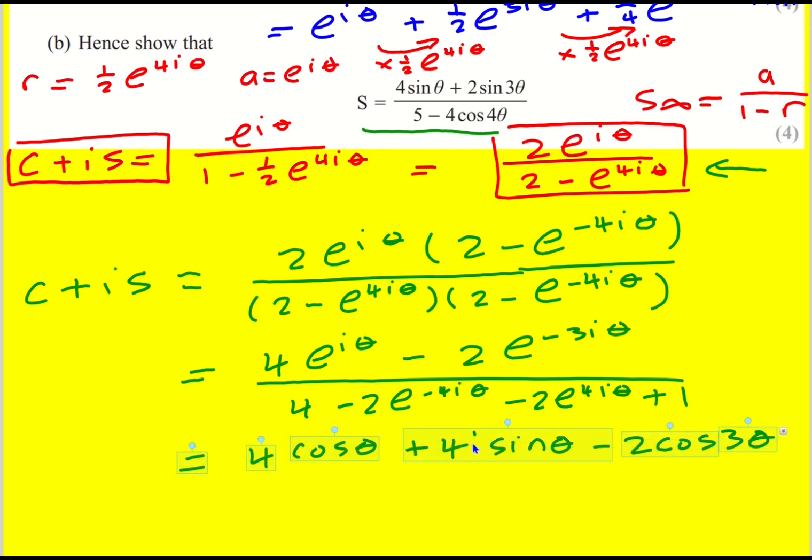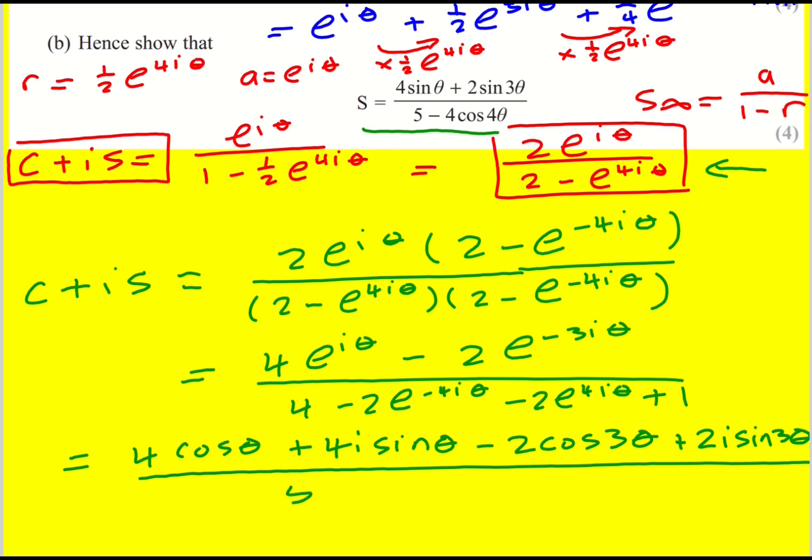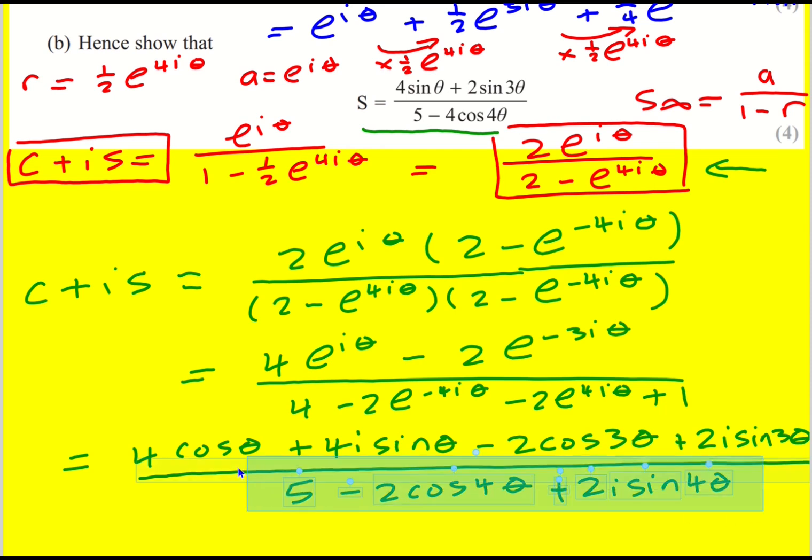And then I'm going to get minus 2i sin(-3θ), but that becomes plus sin 3θ, all over 5 minus 2 cos(-4θ). Again, that's just cos 4θ. Then it'll be minus 2i sin(-4θ), which again just becomes a plus. I'm just cancelling it out as I go along, sorting out the negatives.